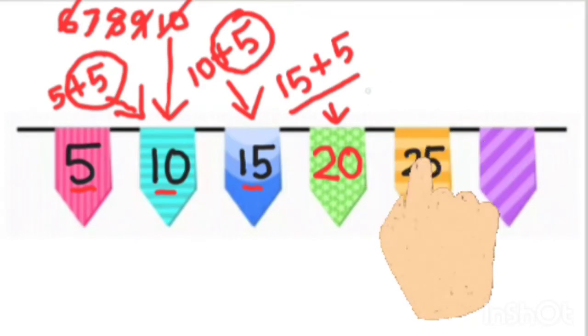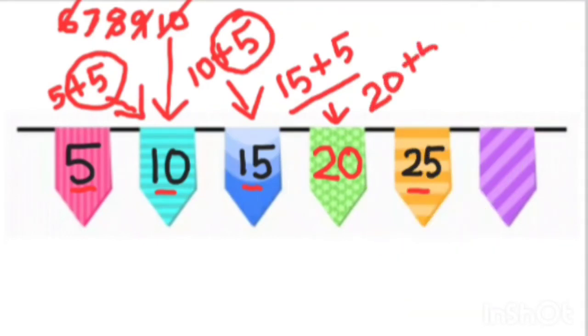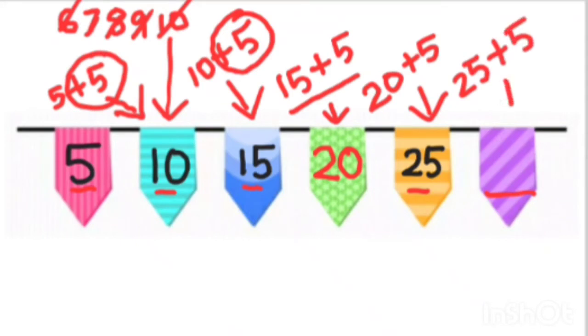Now the next number is 25. Let us check if 20 plus 5 will give us 25. 20, 21, 22, 23, 24, 25. Very good. So let us find out the last answer now. 25 plus 5 will give us what number, children? Come on, count with me. Hold 5 numbers on your hand and let's count from 25.